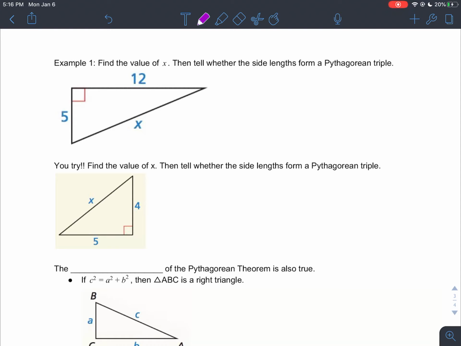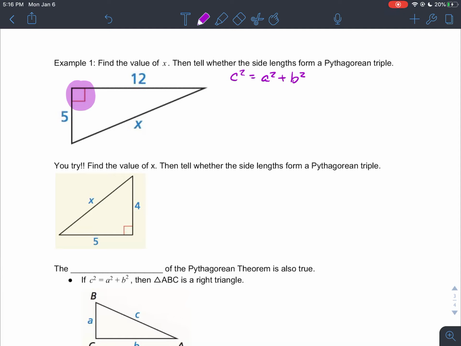Okay, so on example 1, it says find the value of x, then tell whether the side lengths form a Pythagorean triple. Okay, so when it says to find the value of x, we see here, hey, that's a right angle right there. We got that little red square, and we know that if we have a right angle, then c squared equals a squared plus b squared.